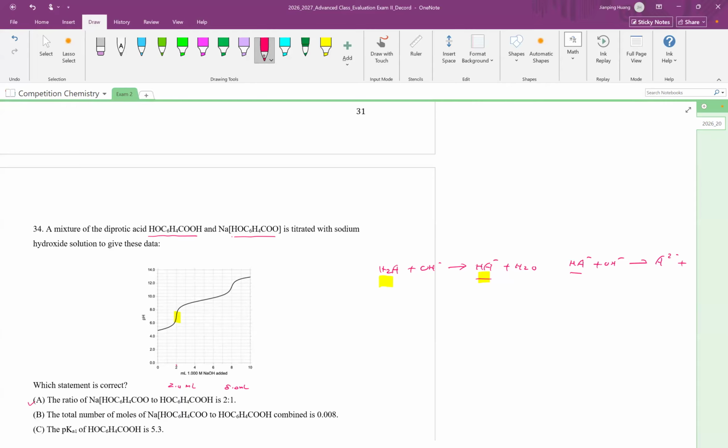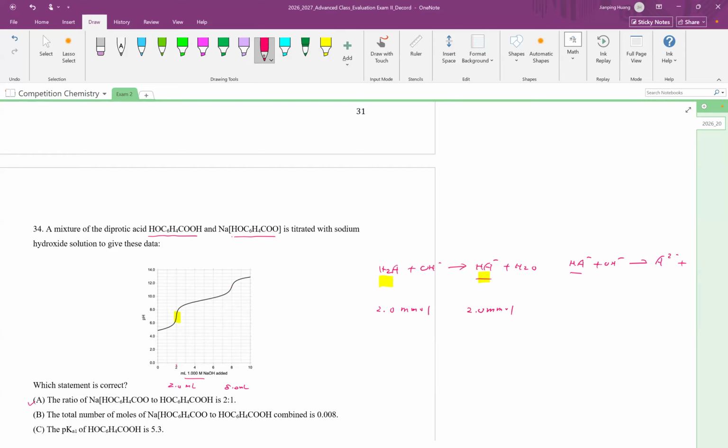So in this one, it's 2.0. Now, what's the amount here? Basically it's 2.0 millimole.